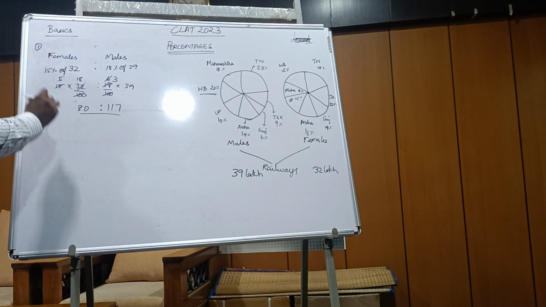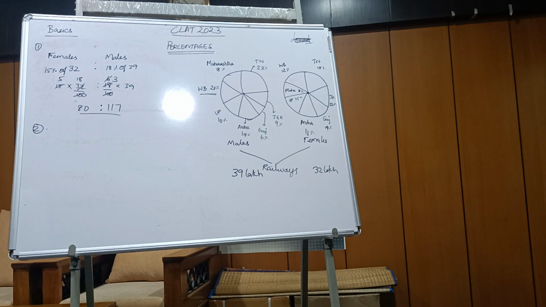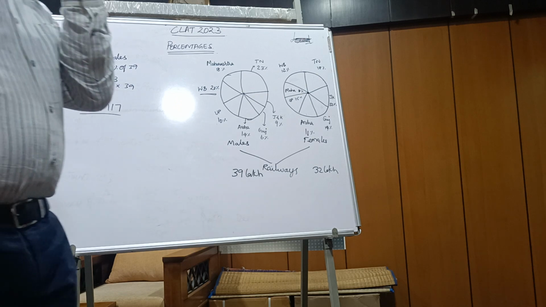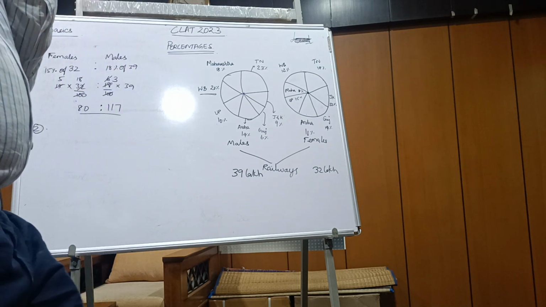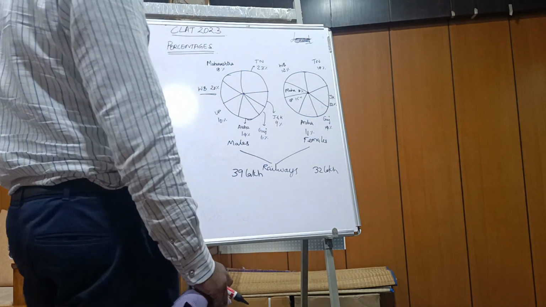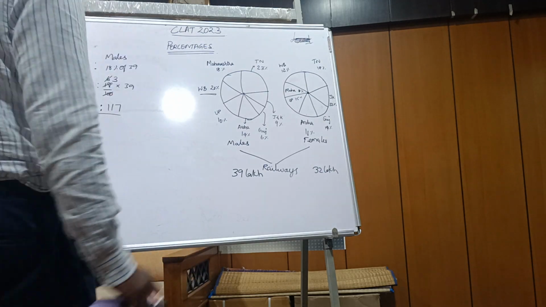What is the second question? The second question asks, what is the total number of employees at Indian Railways from Jammu Kashmir? Total number of employees consists of only males and females. So here we have to know the total number of males from Jammu Kashmir and the total number of females from Jammu Kashmir and add them both.